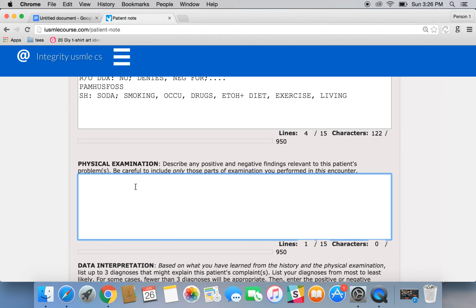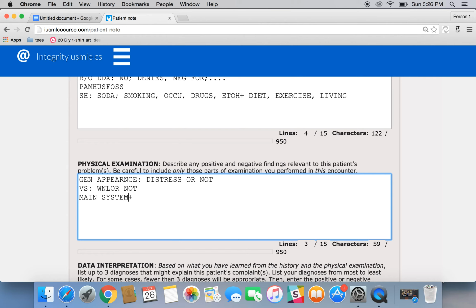In physical exam, we would like to start with the general appearance of the patient. You want to tell us if they are in acute distress or not. You want to talk about the vital signs, whether they're within normal limits or not. And you can go to the main system in question and have additional systems.